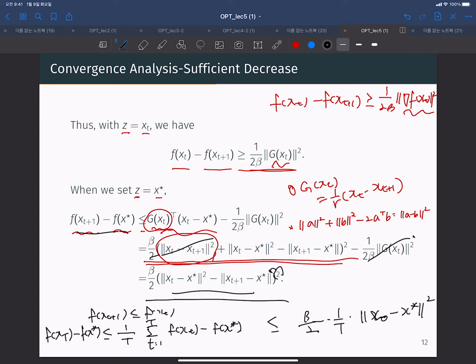So in the end, we have f(x_T) minus f(x star) upper bounded by beta over 2 times 1 over capital T times the initial distance squared.